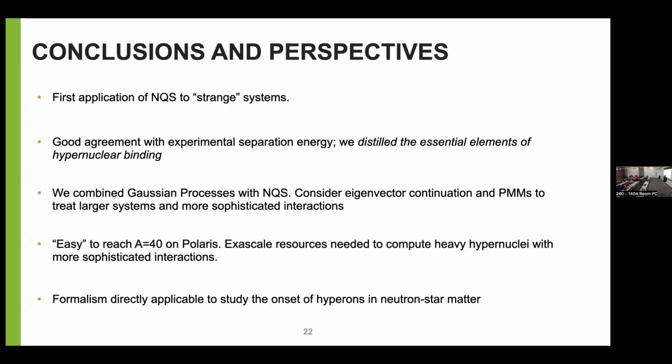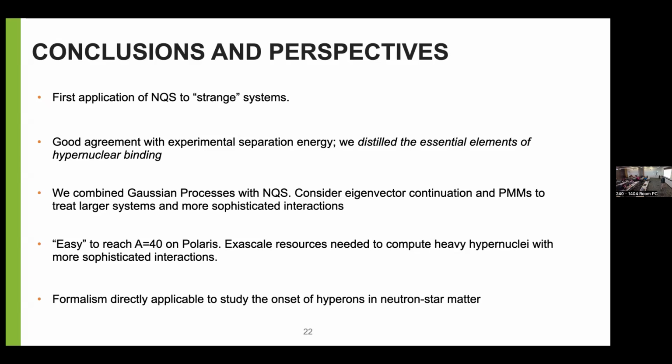With Andrea, we reached up to oxygen, basically A equal 20. It's fairly easy to reach A equal 40 on Polaris, but we do need exascale resources to compute heavier nuclei. And these are more important for astrophysical applications, because the central density is closer to the saturation density. And this formalism is directly applicable to study the onset of hyperons in neutron star matter.